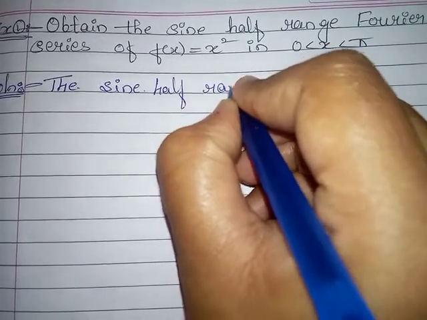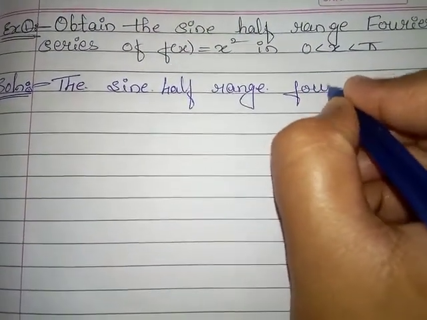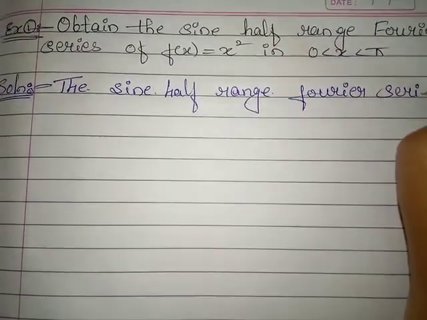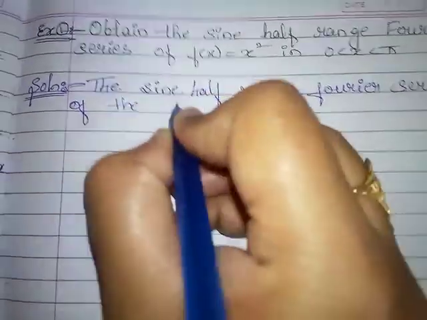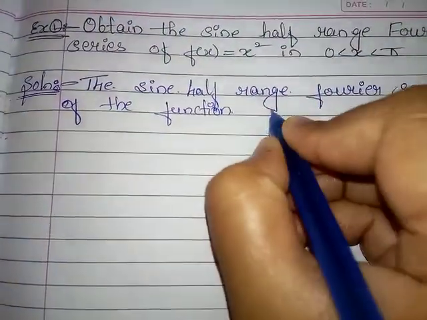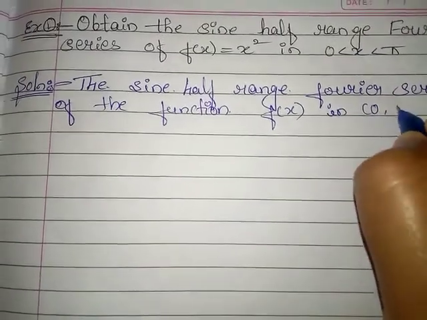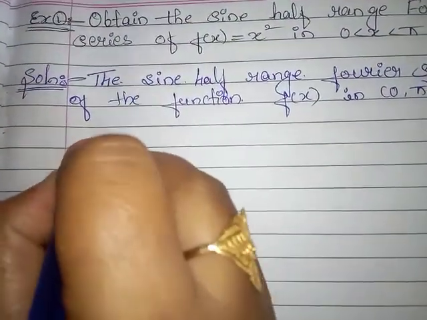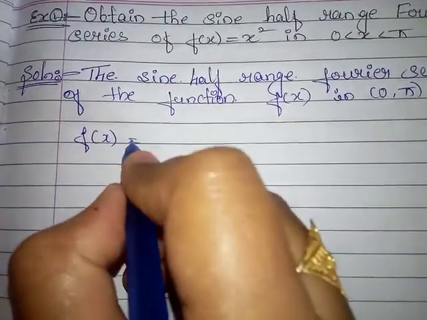half range Fourier series of the function f of x in the interval 0, pi is, from the table, f of x equal to, this is a sine series.